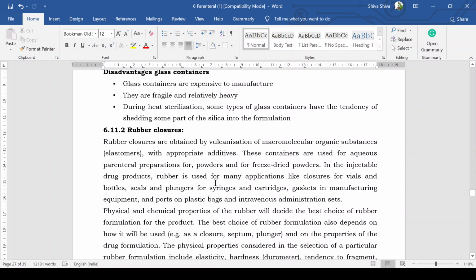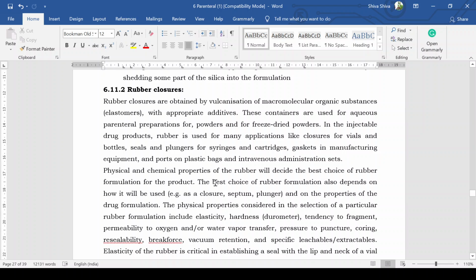These containers are used for aqueous parenteral preparations, for powders and for freeze-dried powders. So rubber closures may be used for the packaging of aqueous parenteral preparations, powders and freeze-dried powders.